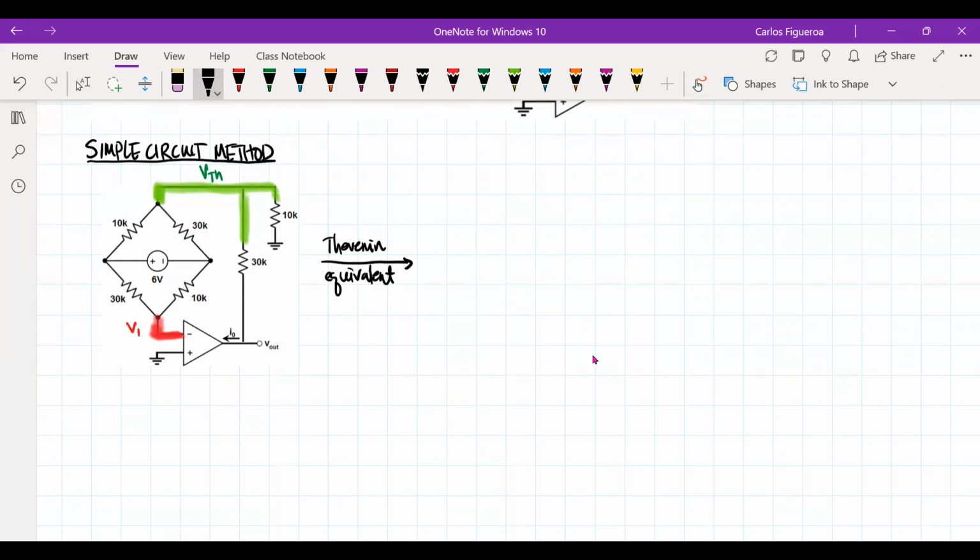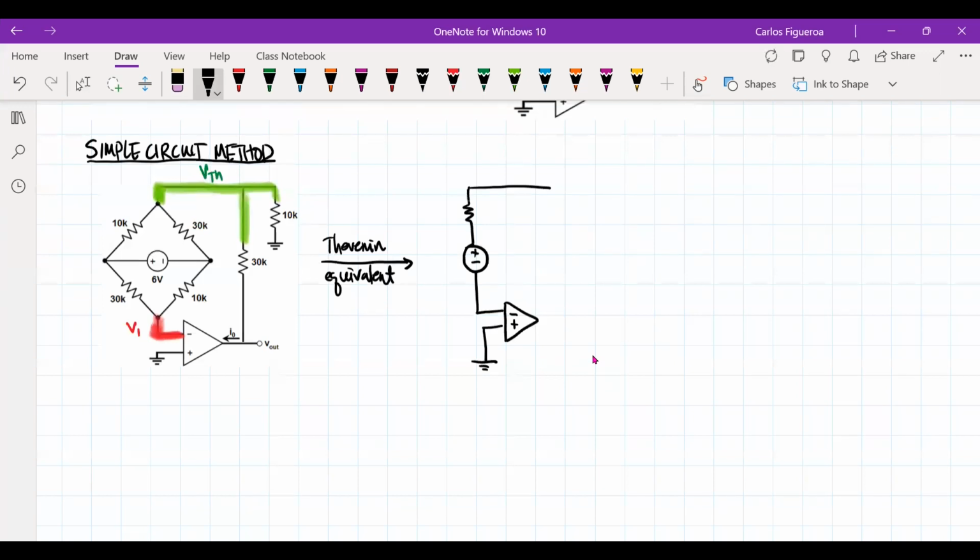So now I have my circuit and it looks like this. I have my ground here. If I now do an equivalent, that means I have a source and I have a resistor.